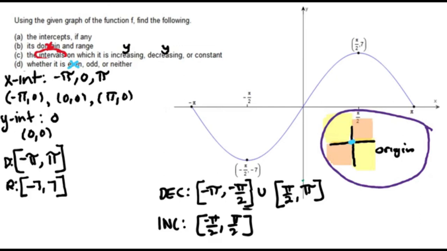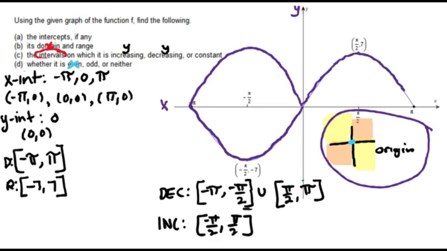You're going to fold once over the x-axis and then fold over the y-axis. So I'm going to imagine this piece of the graph being folded over the x-axis, and you would get something that looks like this. And then if you imagine folding that new piece over the y-axis, it would fall right on top of the other portion of the graph. So we do have origin symmetry, and we can say that this function is an odd function.